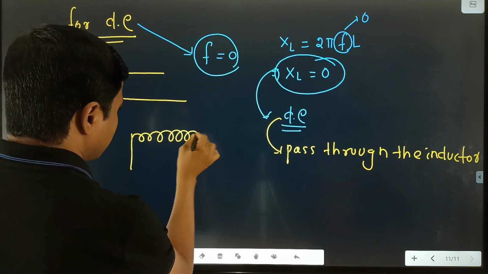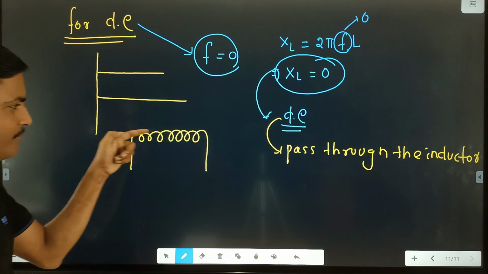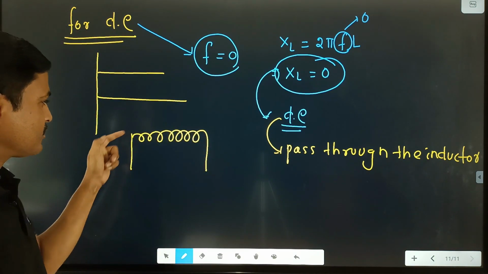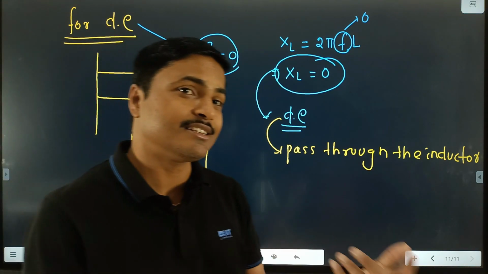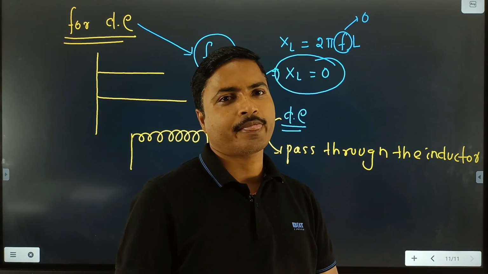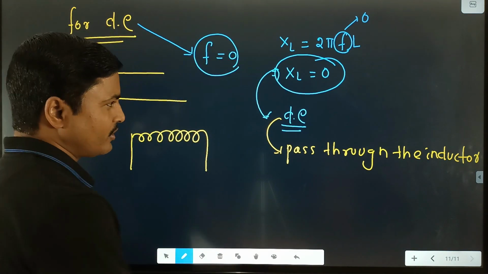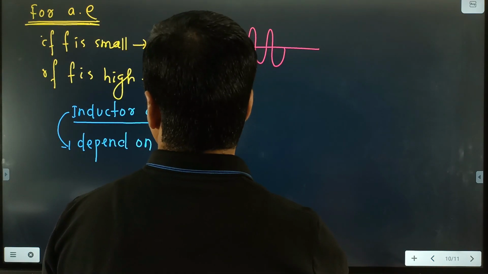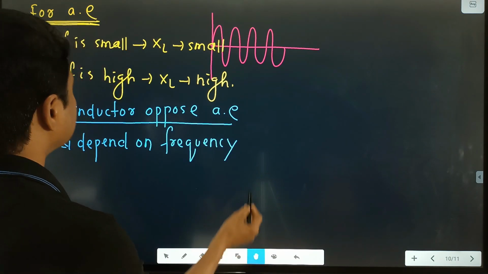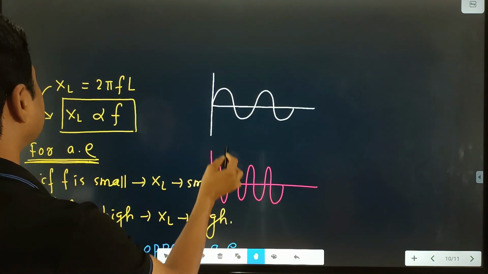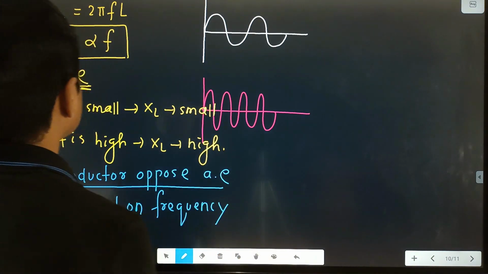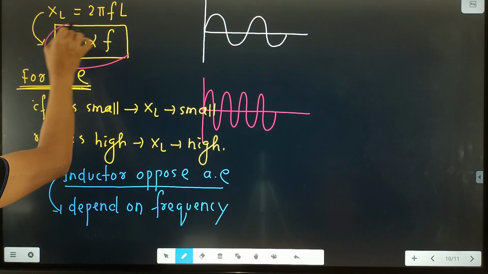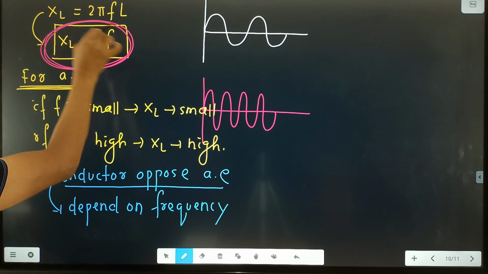That means if we take an inductor, direct current easily passes through the inductor, but alternating current passing through the inductor depends upon the frequency. And if here you draw a graph, in case of alternating current, this is the equation. That means inductive reactance depends upon the frequency.